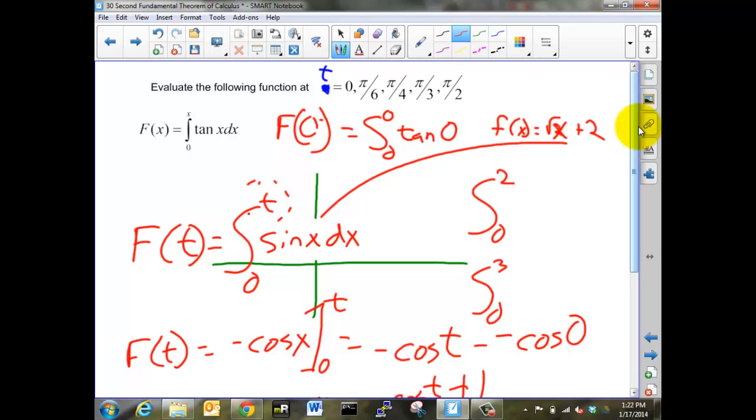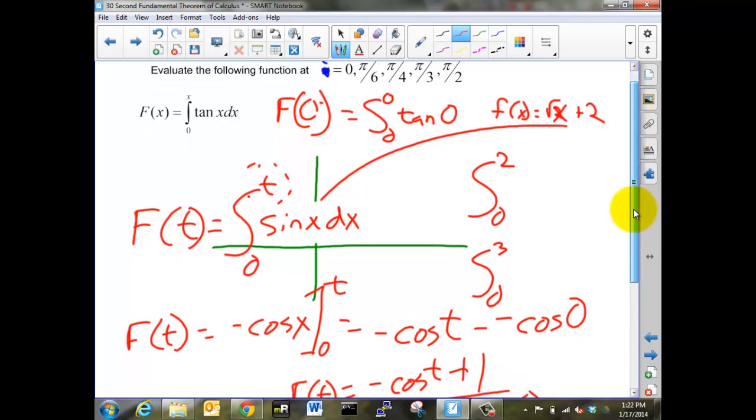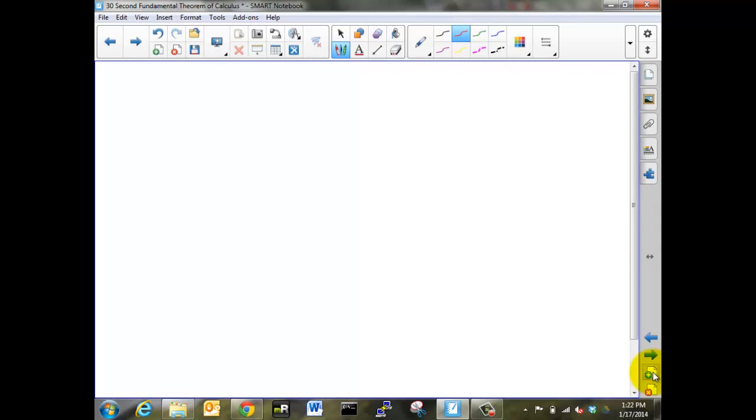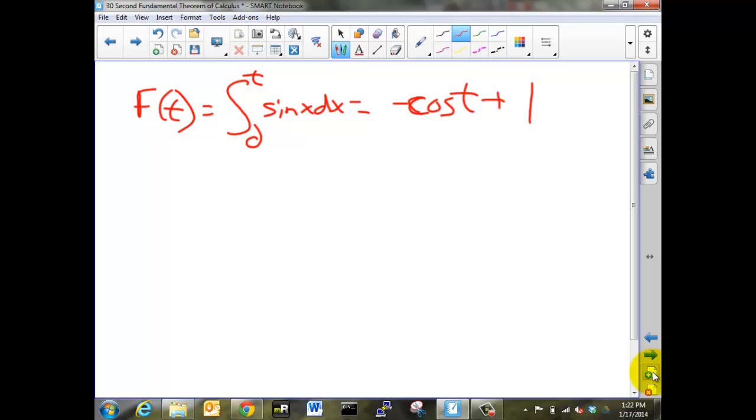Okay? Now let's start a new page and keep going along the same lines. We're going to stick with the same function. F of t is the integral from 0 to t of the sine of x dx. And we've worked that out, and we found that that's minus cosine of t plus 1.